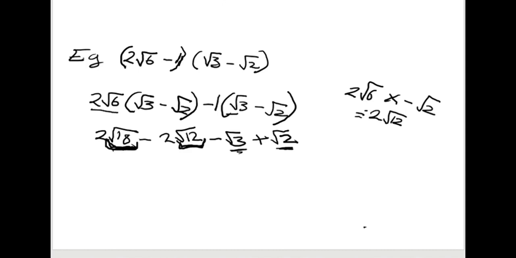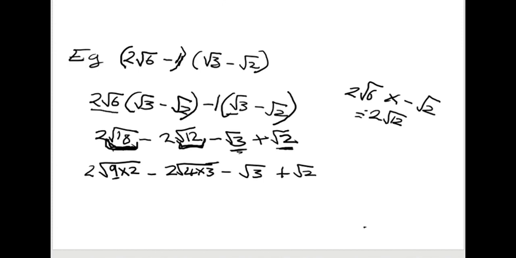So we have 2 root 18. What are those factors of 18? 9 times 2, you can see 9 here is a perfect square. Minus 2 root 12, what are the factors of 12 when multiplied? 4 times 3, 12. Then root 3 plus root 2. So the next step, I'll separate them like this: minus 2 root 4 times root 3, then bring the rest down.